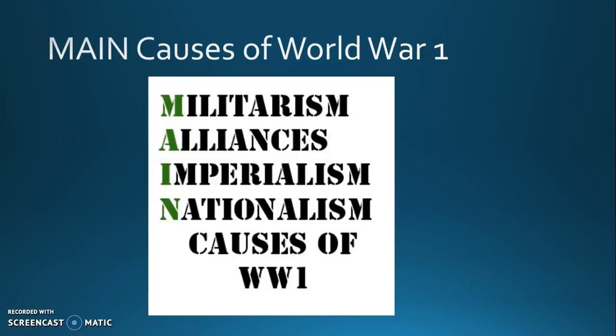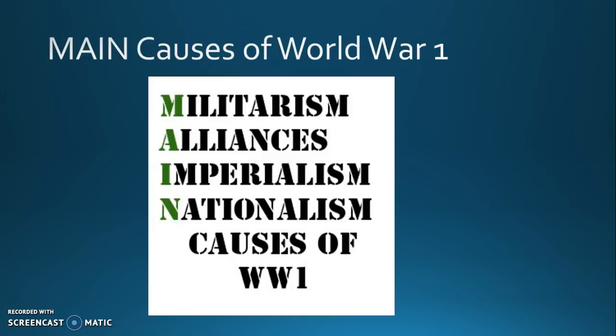Whenever one country would make their military stronger and greater, all the other countries thought they would have to do that as well. So the next one was the A, the alliances. On one hand, you had the Allied powers of Great Britain, France, and Russia. And on the other side was the Central Powers of Germany, Austria-Hungary, and the Ottoman Empire or the Turkish Empire.